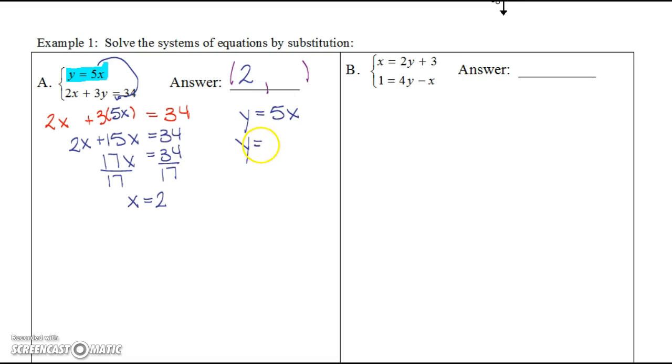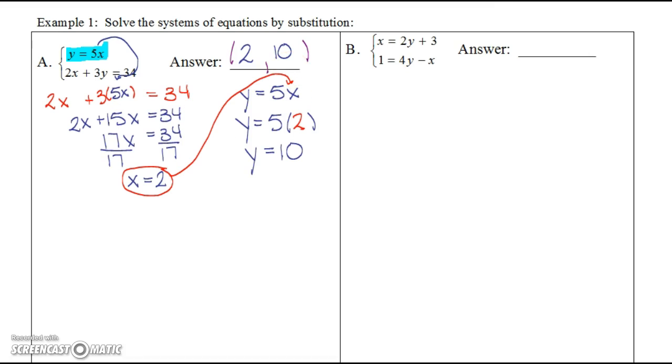And again, instead of writing x, I'm going to take the 2 and put it in place of x to get y equals 10. So the coordinates where these two lines intersect is 2, 10.